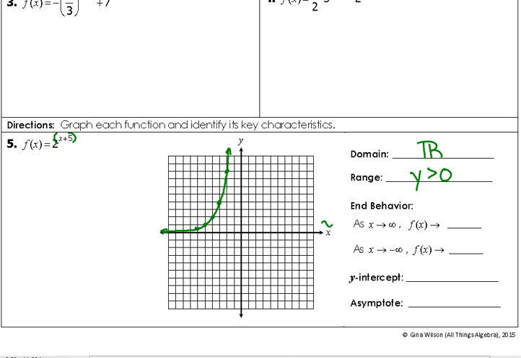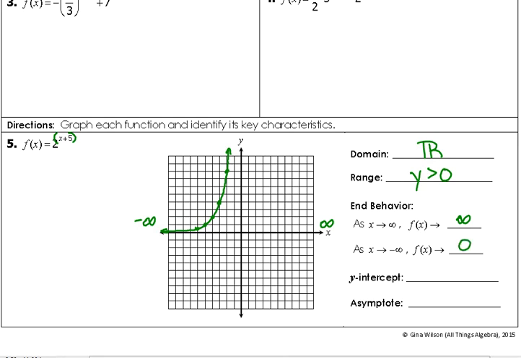All right, as our x values go over here to the right. I know we're nowhere close to it with what we have graphed here, but look at the right side of this function. Where are the y values going? Up, so they're going to positive infinity. On the left side, they're going to 0.